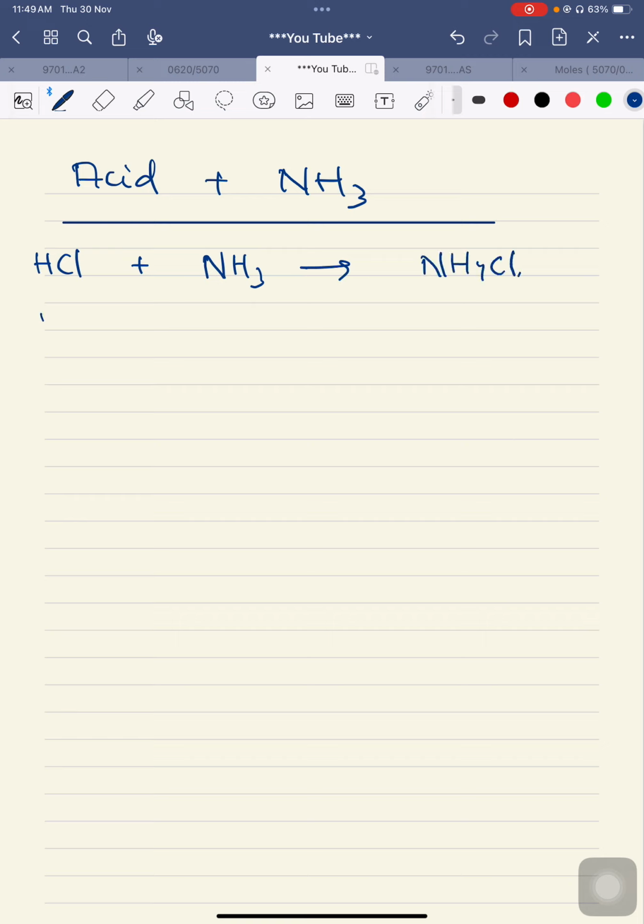NH4Cl, and then HNO3 plus NH3, and it is giving us NH4NO3. NH4Cl is called ammonium chloride, NH4NO3 is called ammonium nitrate. And then there is another example, H2SO4 plus NH3, and here it will be 2 times, and H3PO4 plus 3NH3.